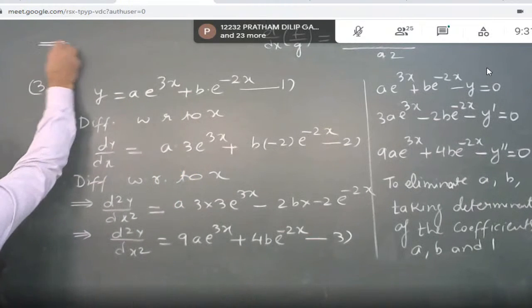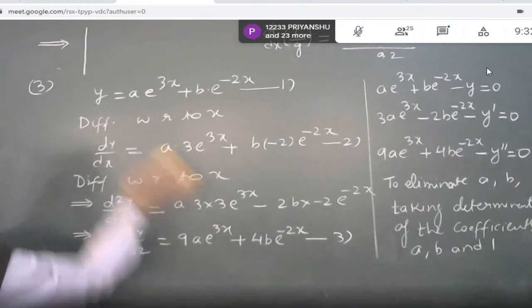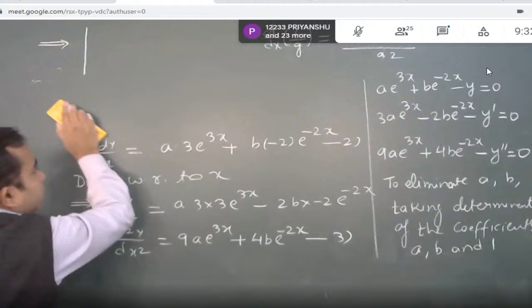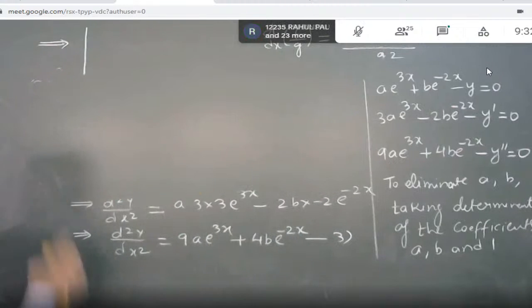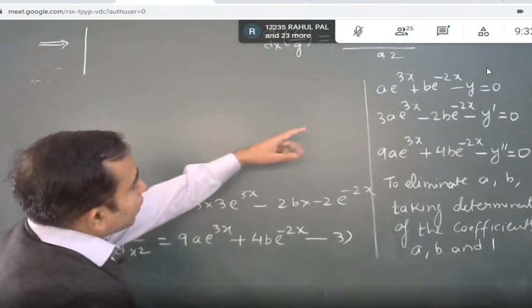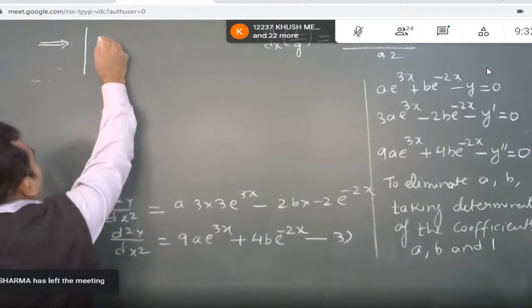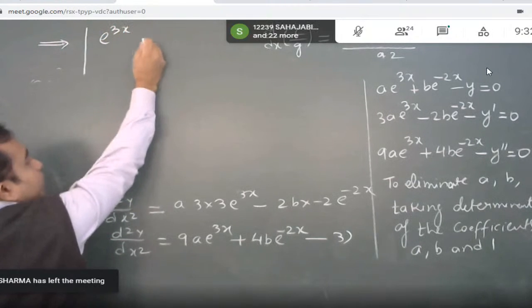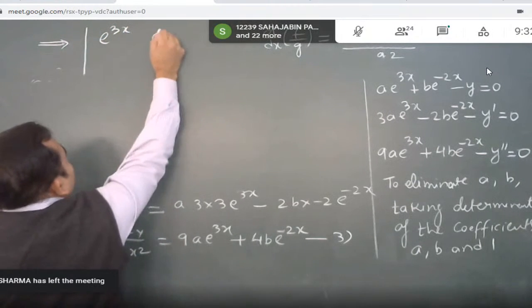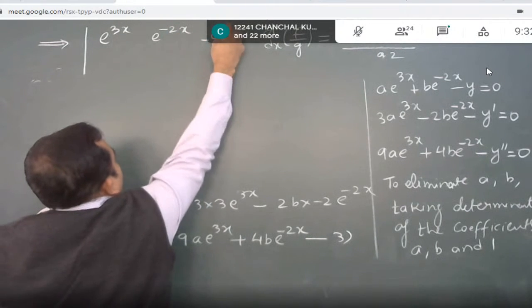This will become a determinant, of course 3 by 3, because 3 equations, each contains 3 terms. First row will be a, not just a, we have to write its multipliers. So it will become e raised to power 3x, b multiplier is e raised to power minus 2x, and 1 multiplier is the entire thing, minus y.